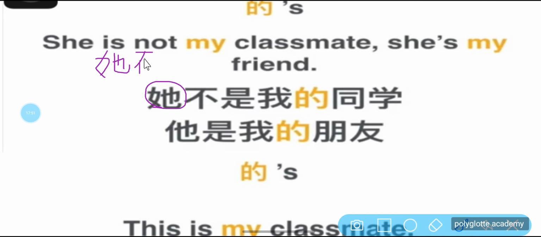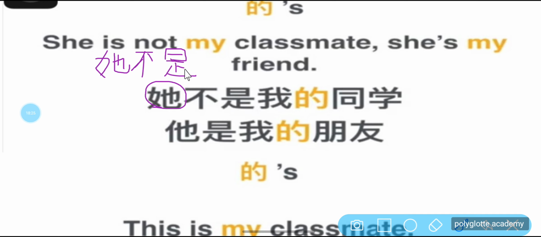她不是. 不是, which is a negation of the verb to be, is not. In English they will say is not. In Chinese we will say not is.